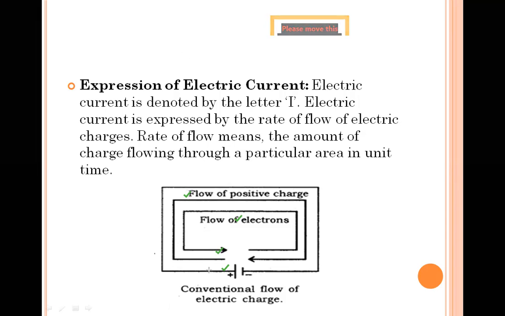The direction of current is here like this, and the direction of flow of electrons is opposite, in this direction. So the current and the flow of electrons are always in the opposite direction.